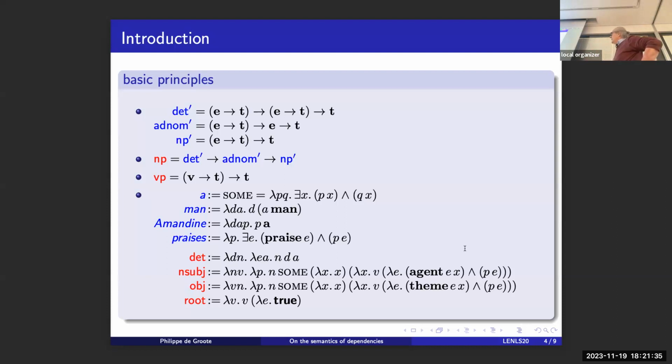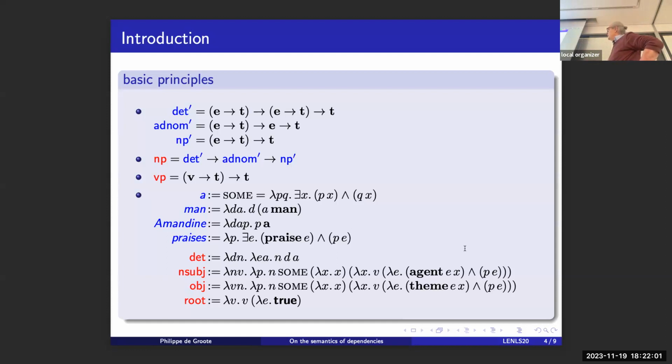So, for instance, the subject dependency relation takes a noun and a verb, and it provides to the noun a modification which just makes the noun the agent of the verb.